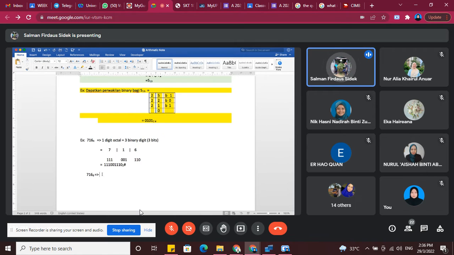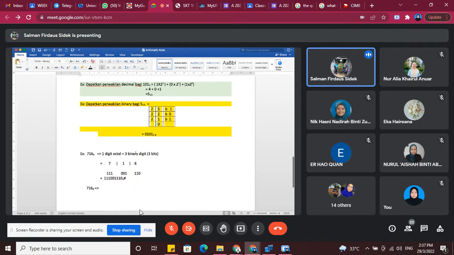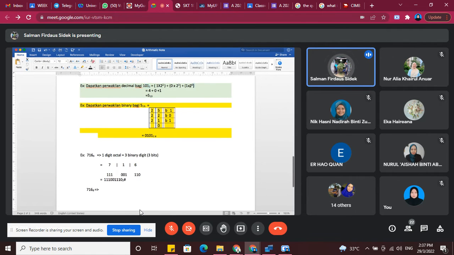Okay. So, how to convert octal number into decimal. Okay, kita guna kaedah bagaimana untuk any numbers that you want to convert to decimal, we use the multiplication technique similar like this. Any number to decimal, let's say from binary to decimal, we use this technique.